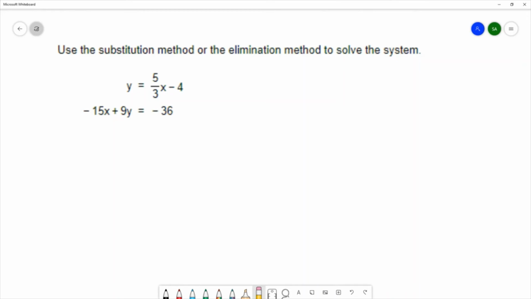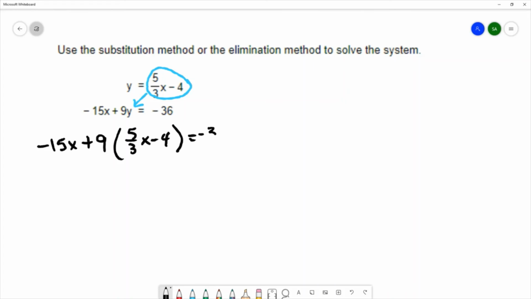So with the substitution method, you're going to take what's on the other side of this equation and substitute it in for y. So I'm substituting it in for y into the other equation. Now that's going to give me negative 15x plus 9 times 5/3 x minus 4 equals negative 36.